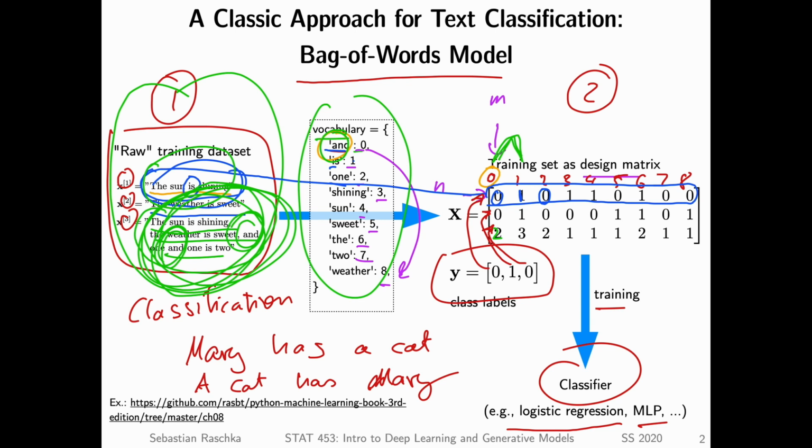So a model like the multilayer perceptron or logistic regression, which is based on this design matrix, is not super powerful. We lose information. And in this lecture, we will talk about the RNNs that are better at modeling such sequence data.